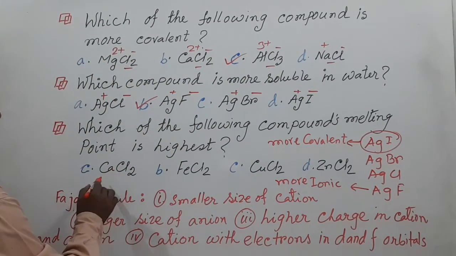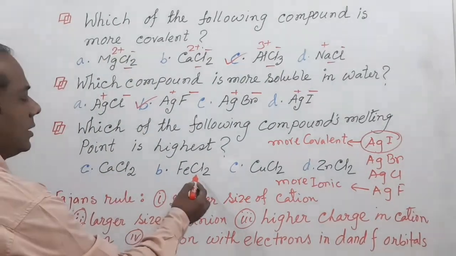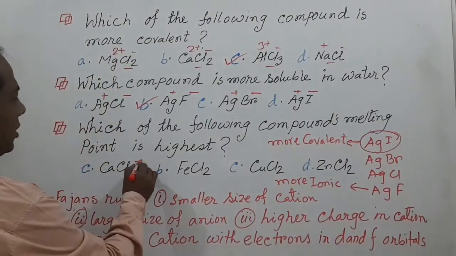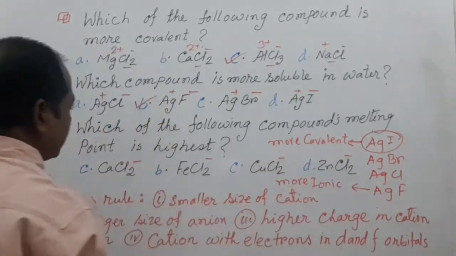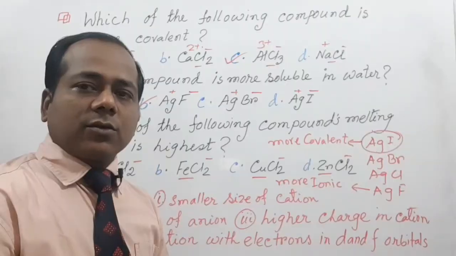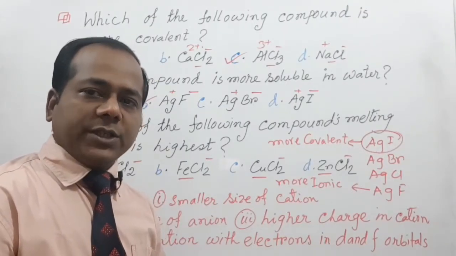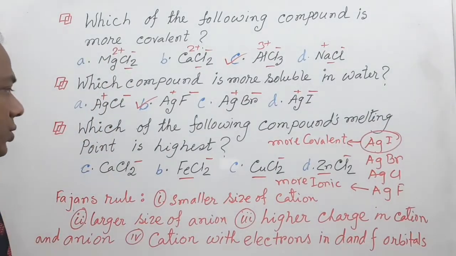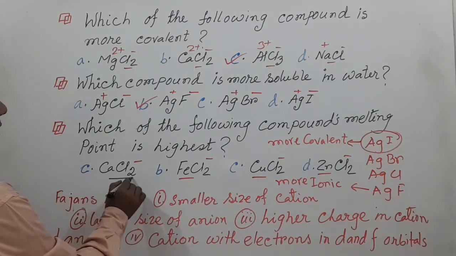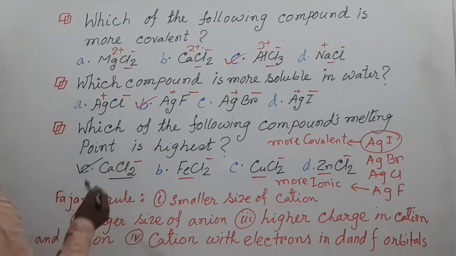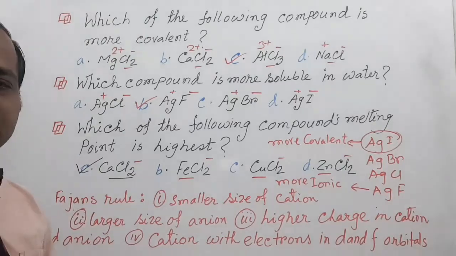If we see these compounds, calcium chloride, ferrous chloride, copper chloride, and zinc chloride, all the anions are the same, and iron, copper, and zinc contain electrons in d orbitals. So all these compounds are more covalent, and calcium chloride is more ionic, and that's why the melting point of calcium chloride is higher. So this is the correct answer, my dear students.